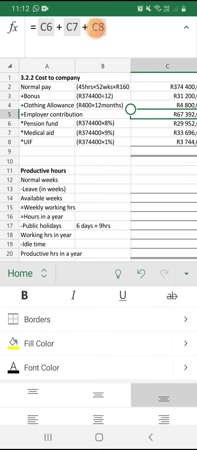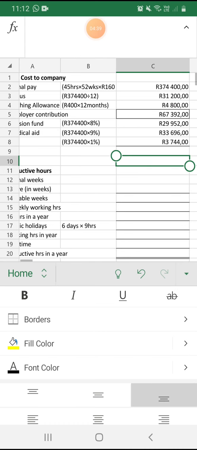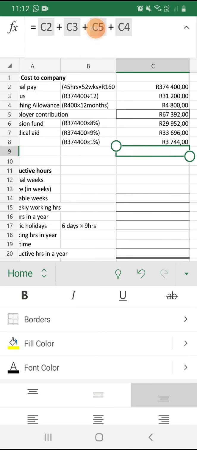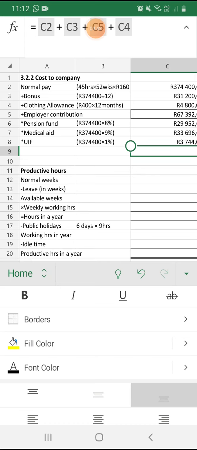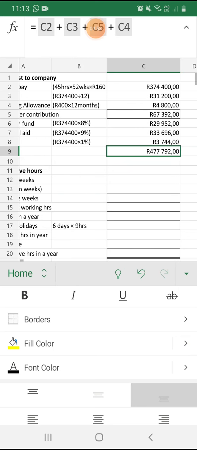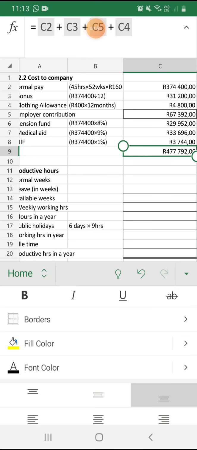Remember, we are required to calculate cost to company. Therefore, you need to add your normal pay, your bonus, your clothing allowance, and the total of your employer contributions, which will give you a total of 477,792. Now we have done our cost to company.